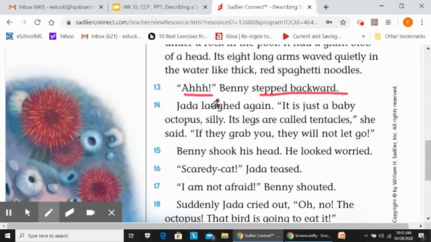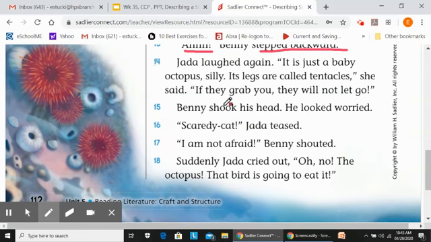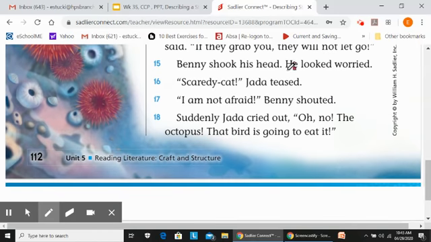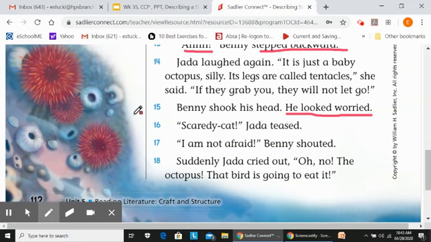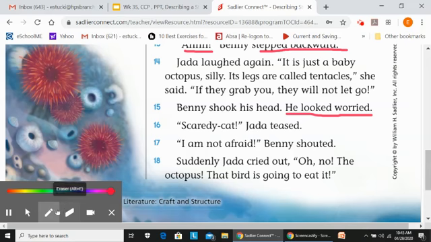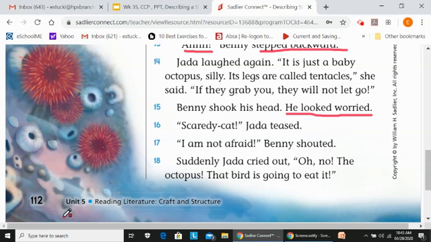So he steps back because he wants to move away. Right. And then the obvious words that we see here, he looked worried. Definitely, there is no two ways about it, that tells you this is what he doesn't like. So let's move on.